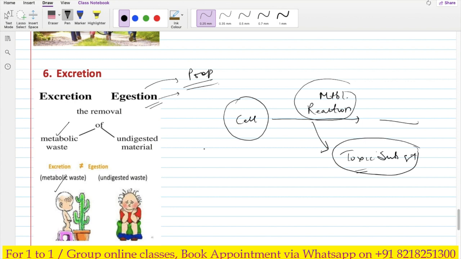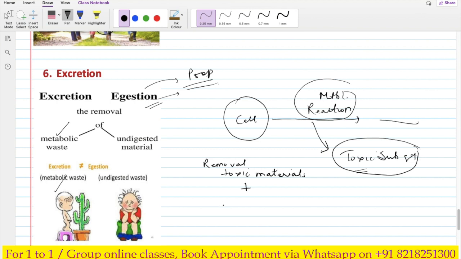So what are the keywords you have to remember? The first keyword is removal. In excretion, what is happening? Removal of what? Of toxic materials. You already know that the toxic materials are coming from the metabolic reactions, the metabolic waste. And let's say you drank too much water. So something in the body that is in excess, again you need to get rid of it.